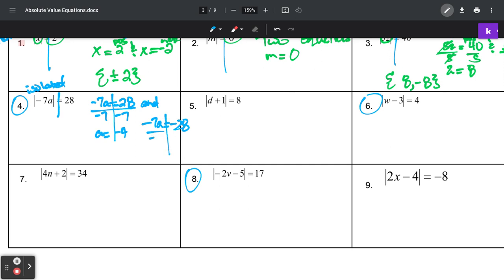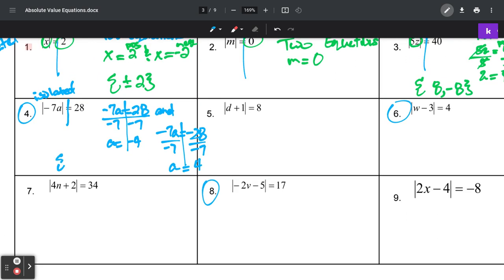Here I'm going to divide both sides by negative 7, and a equals positive 4. And that's all you do. So the value of a is plus or minus 4, or you could have separated and put positive 4 and negative 4.